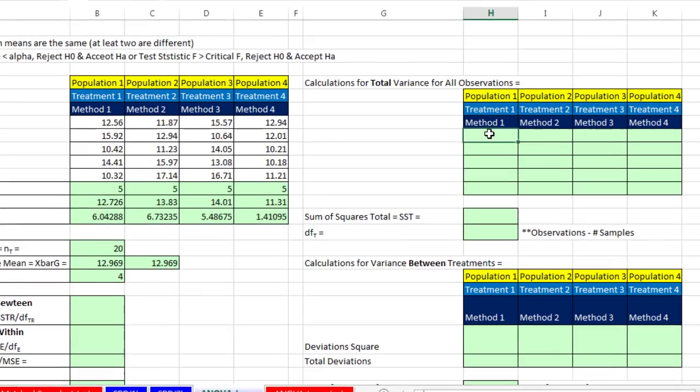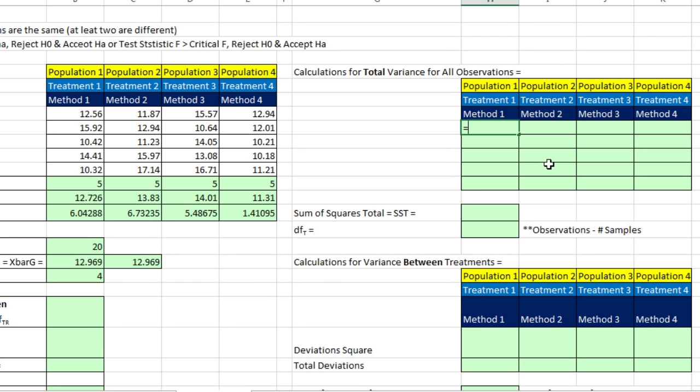I'm going to, in this cell right here, equals open parentheses, relative cell reference. Now I'm going to copy this formula down and over. So that relative cell reference down and over will get every one of the times, minus the grand overall mean. And that needs to be locked in all directions. So I hit F4, close parentheses. Caret 2. That's the essence of a variation calculation.